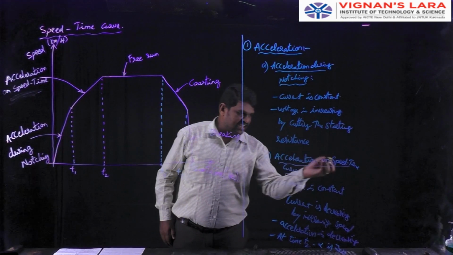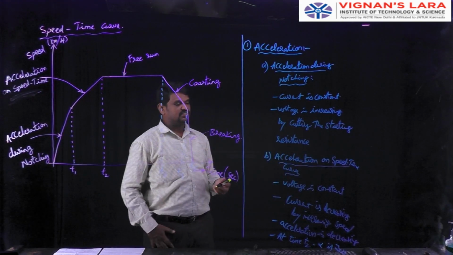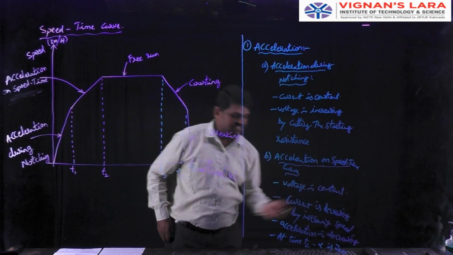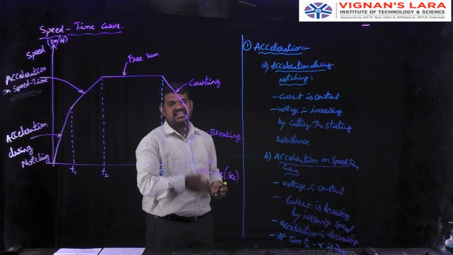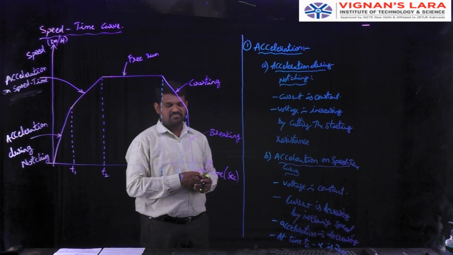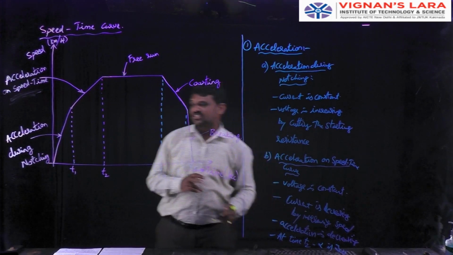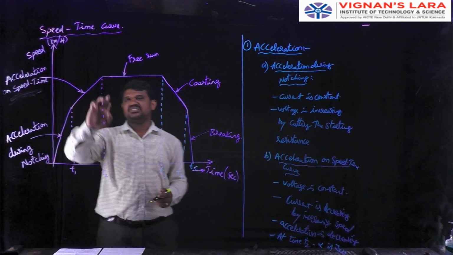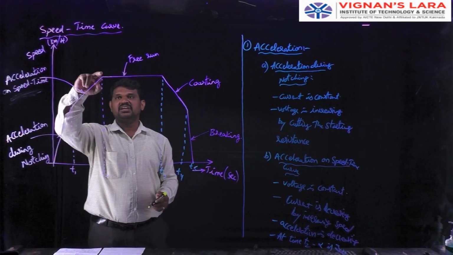In the acceleration on the speed time curve, the voltage is constant, but the current is decreasing as the speed increases, and the acceleration is zero at time t2.